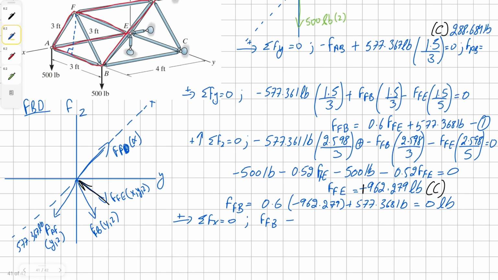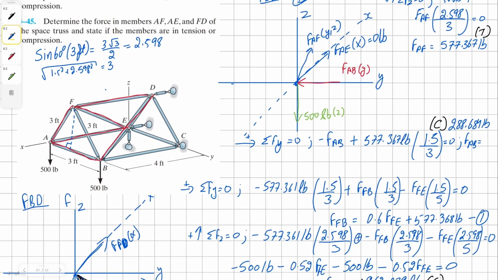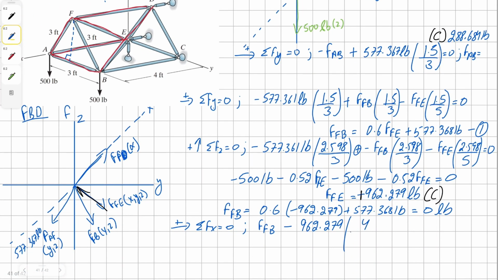In this case, it's going to be 962.279 times the x component, which in this case is 4 divided by 5, all equals 0. We get our solution for FD as 769.823 pounds. And since it's positive, the vector tells us this member is in tension.